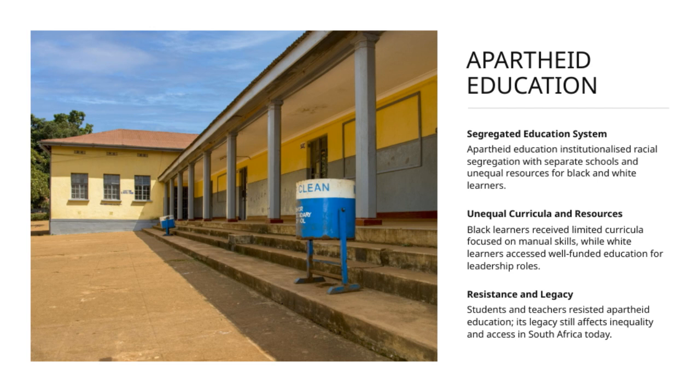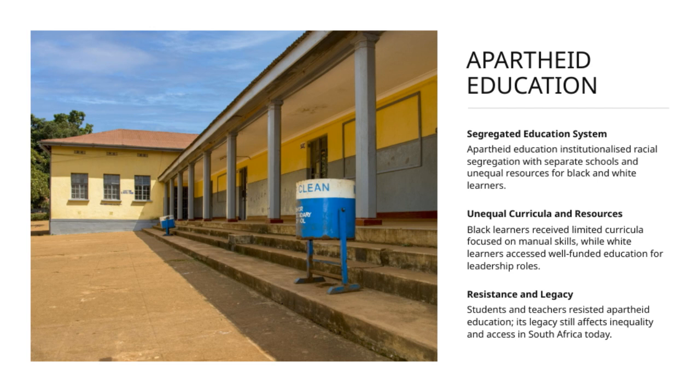Black learners were often only taught basic manual skills, which restricted their opportunities and future mobility. In contrast, white learners had access to well-funded, comprehensive education designed to prepare them for leadership roles and higher positions in society. Despite these oppressive measures, there was significant resistance.